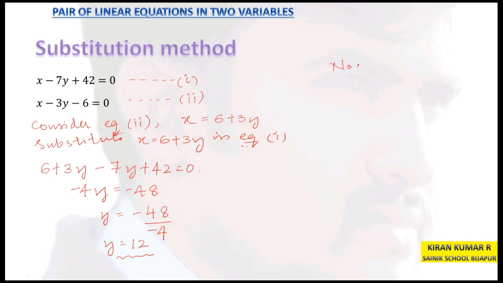Now x is equal to 6 plus 3 times, instead of y, we replace with the value of 12. x will be equal to 6 added to, what is 3 times 12? Yes, 36. 36 added to 6 is the value of x. The value is 42.